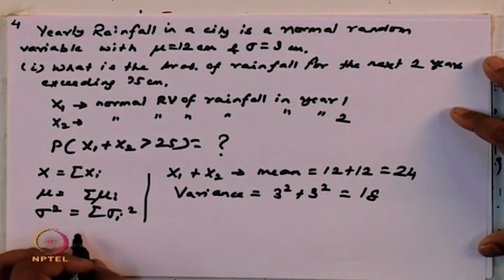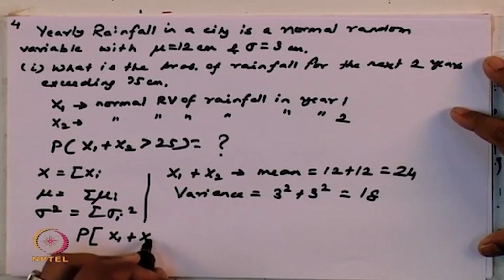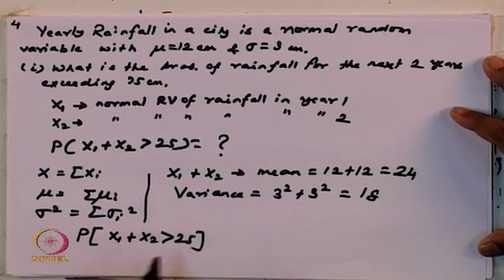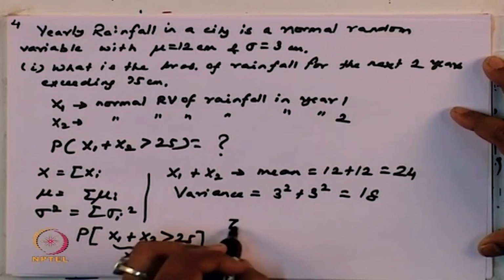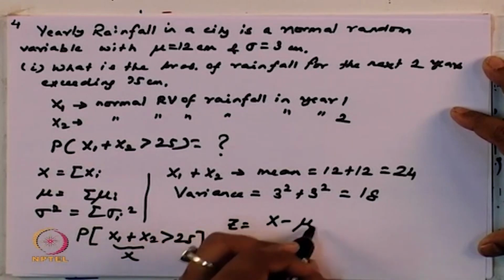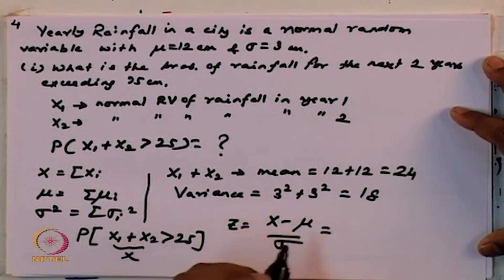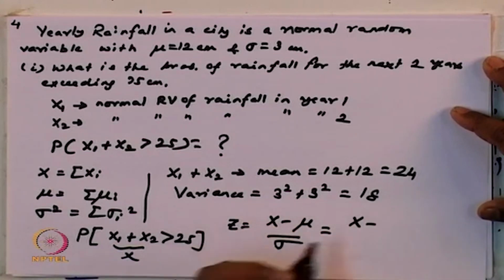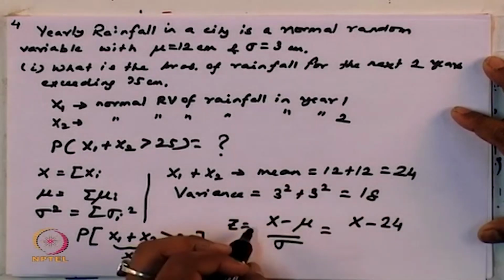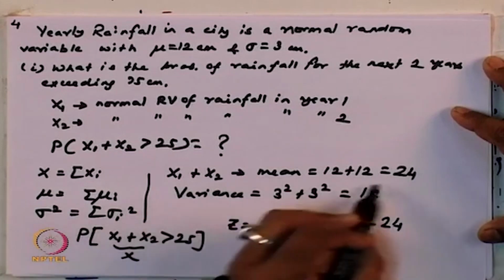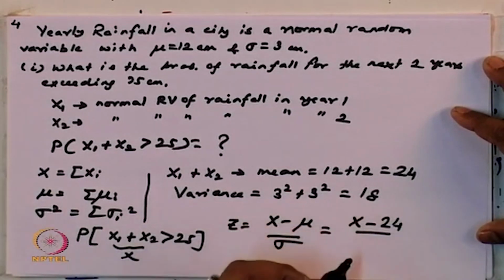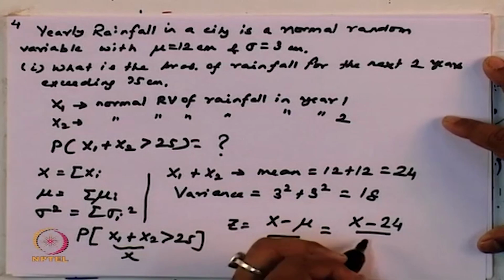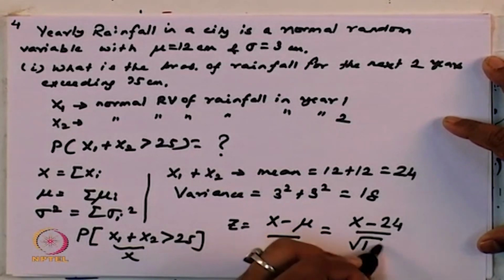We want to calculate the probability of x1 plus x2 greater than 25, so I can convert this into a standard normal variable. Let us say z is equal to x minus mu by sigma, where mu is 24 because this random variable has a mean of 24, and sigma square is 18, so root of 18 is the sigma.